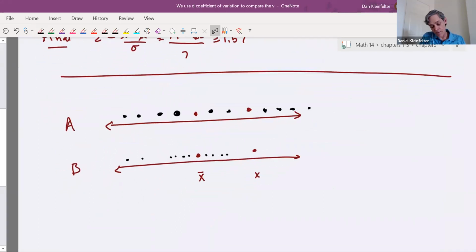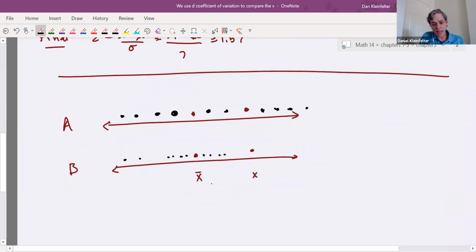In this way, you can see that in the second case for data set B, the score of X compared to X bar looks more meaningful than in the first case because it's further out than many other values in the data set. The difference, X minus X bar, is the same in both cases.